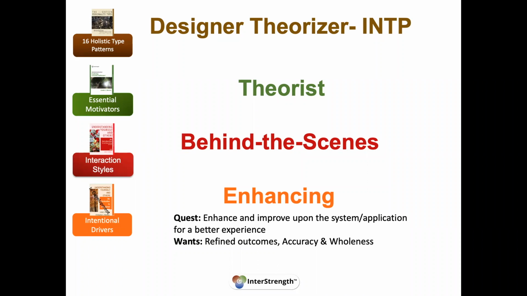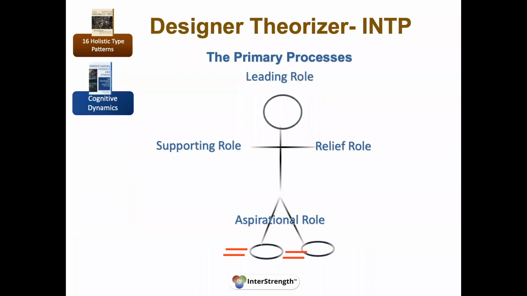Okay, so those are the three main patterned lenses that we can take a look at. And each lens brings a different kind of information. Now, we can also take a look at the Jungian view of the designer theorizer and look at cognitive dynamics. Now, the dynamics are the way the different mental processes or functions play out in this particular personality pattern.